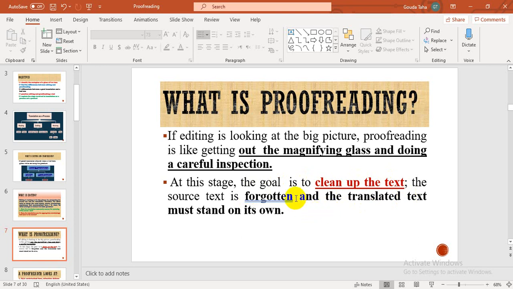So in this stage, you have already compared the source text with the target text in your editing stage. But in proofreading stage, your eyes will only be on your draft.